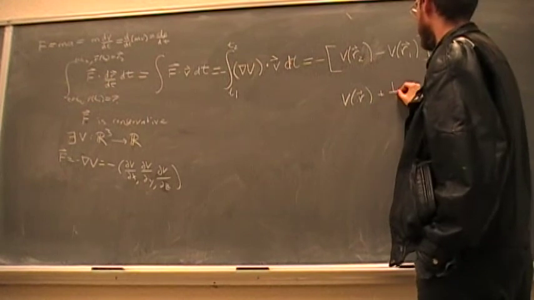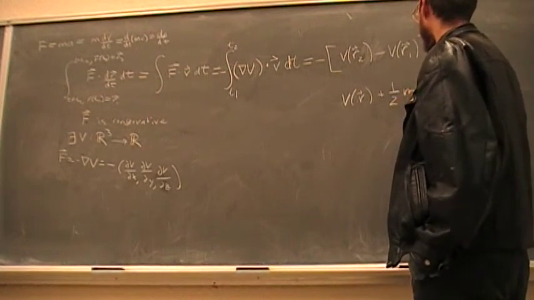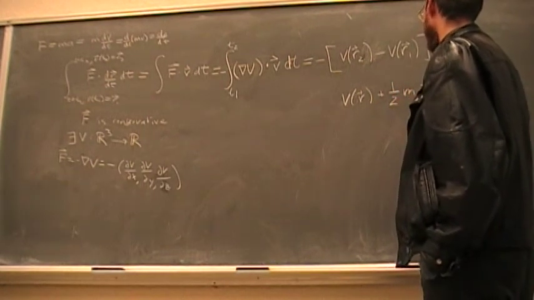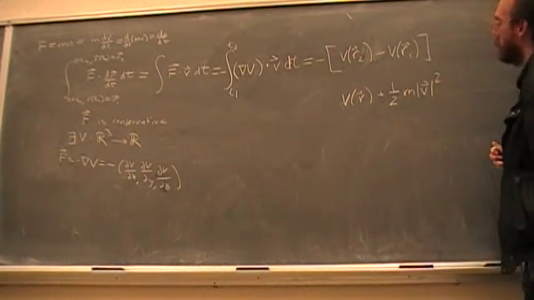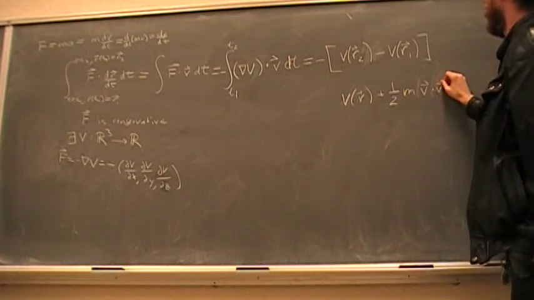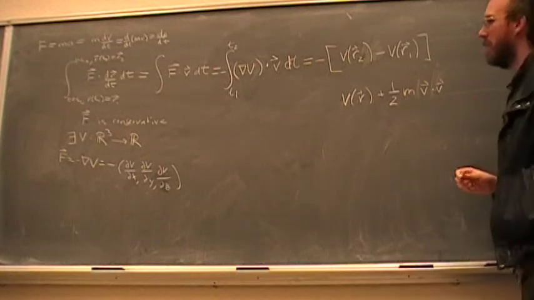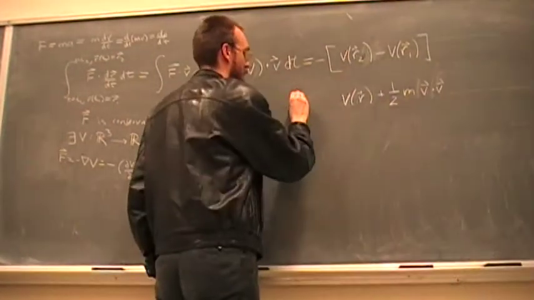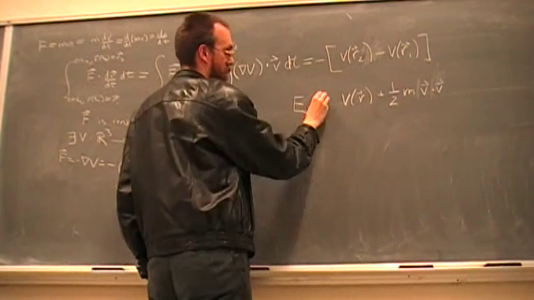We also add to it one half the mass times the velocity as a vector, so square it. You can also think of it as being dotted with itself. And I'm going to call this the energy.